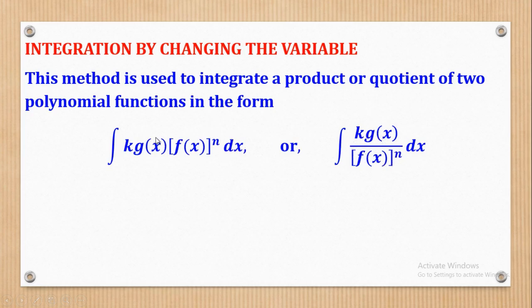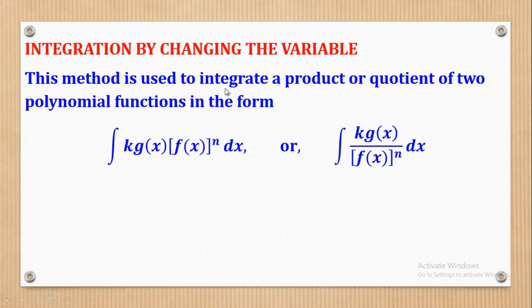Now then, consider that this one is somehow different from the one for recognizing presence of a function and its derivative. For function and its derivative, the function outside was supposed to be the derivative of the one inside this bracket with the power. But in this case, whether this one is the derivative of this or it is not, we still use change of variable.